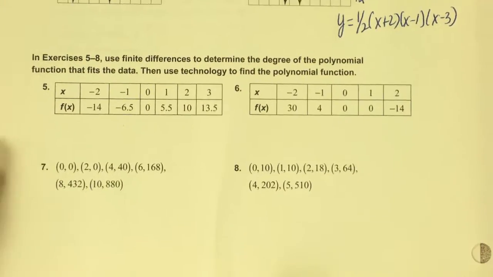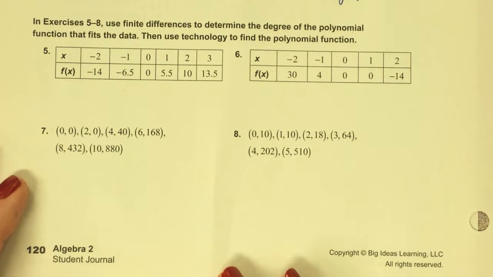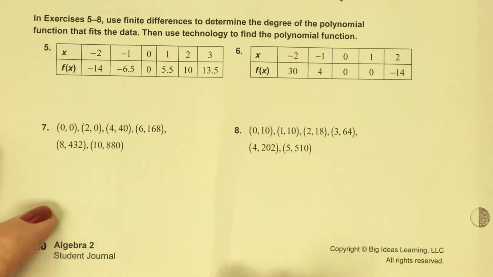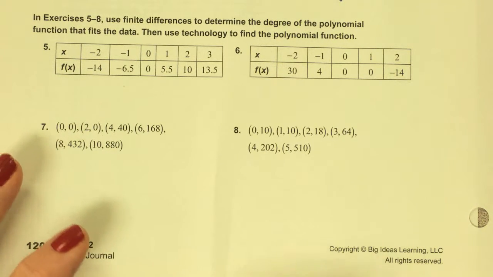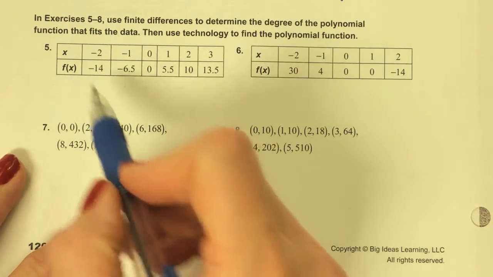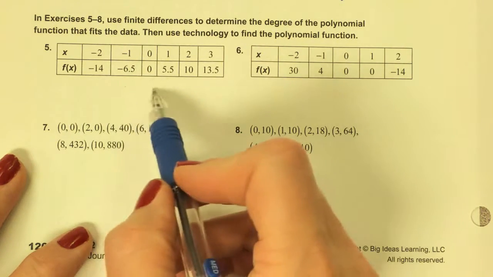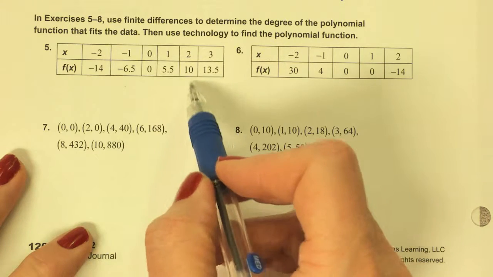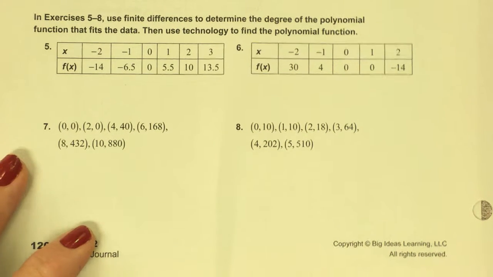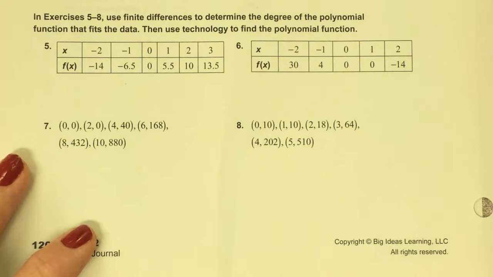All right, guys, on the next one, we're going to come up with formulas for these. You have to remember what we talked about with this. When we look at the first differences, if the first differences are all the same, then we know that the function's linear. If the second differences are the same, it's x squared, quadratic.